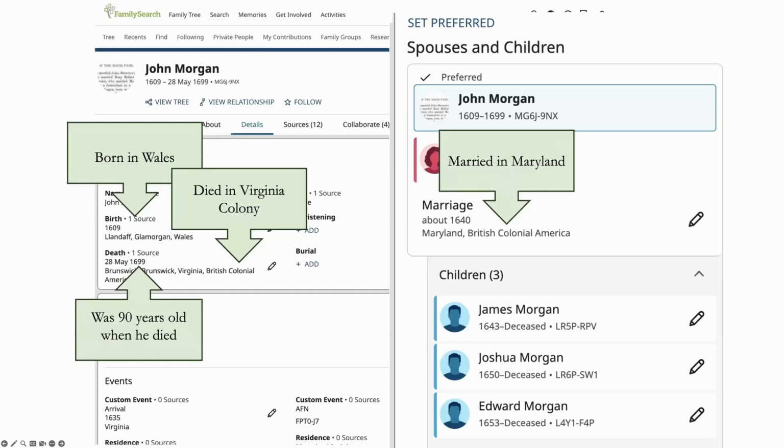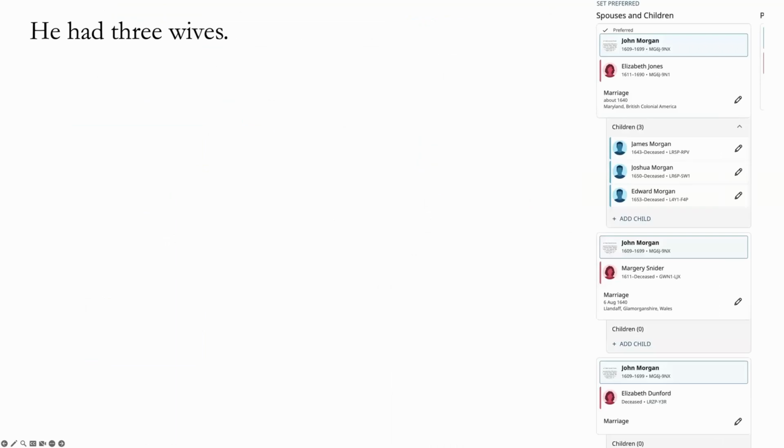That makes him tremendously unusual in 1699, when the average death age for males in the colonies was probably, I'm just guessing right now because it may be different, but it's really low. It's something like 50 years or younger, like 35 or 40 years old was the average death. And to live to be 90 years old is extremely, extremely unusual.